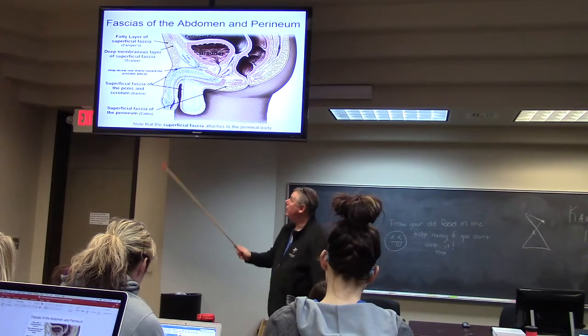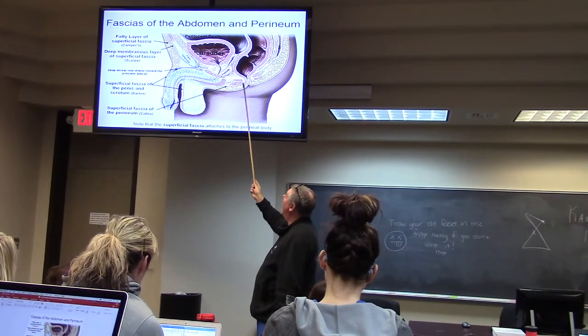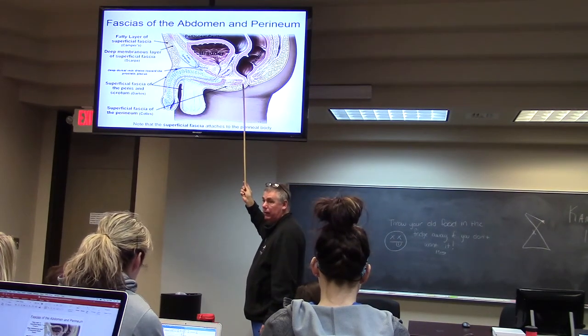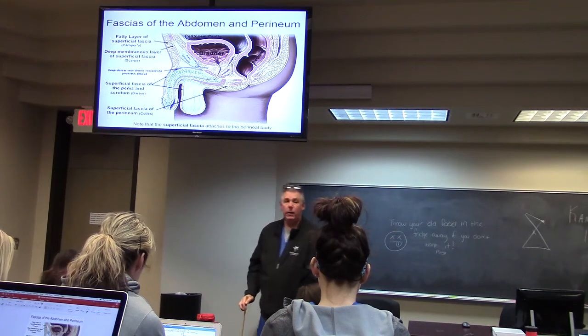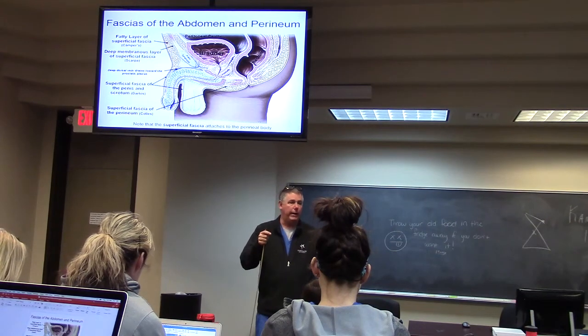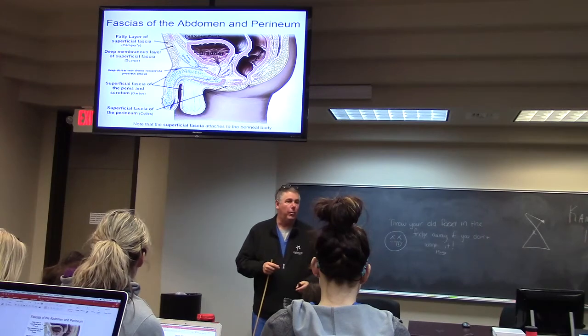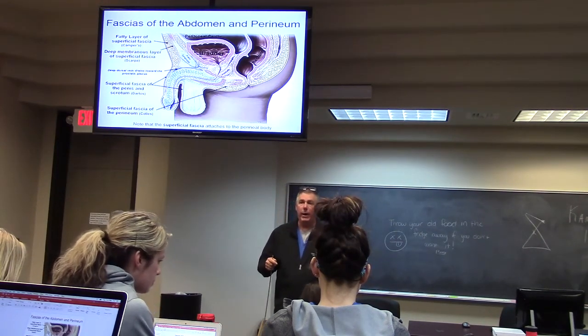The superficial fascia of Colles attaches right there. That's called the perineal body. That's the thing that's between your vaginal opening and your anal opening, or in males between the bulb of the penis and the anus.